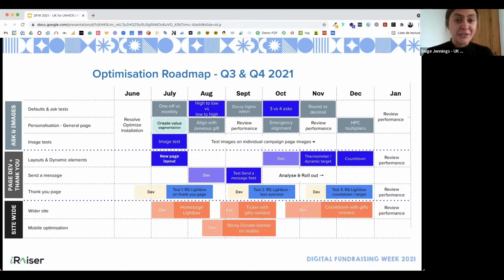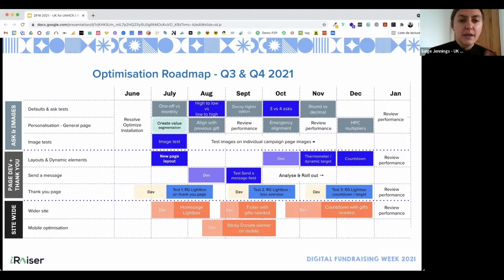We have quite a few donation pages live based on various emergencies, events, appeals, and audiences. So it's about how you can filter that traffic based on our general page or our larger emergencies like Syria, Yemen, and now Afghanistan.